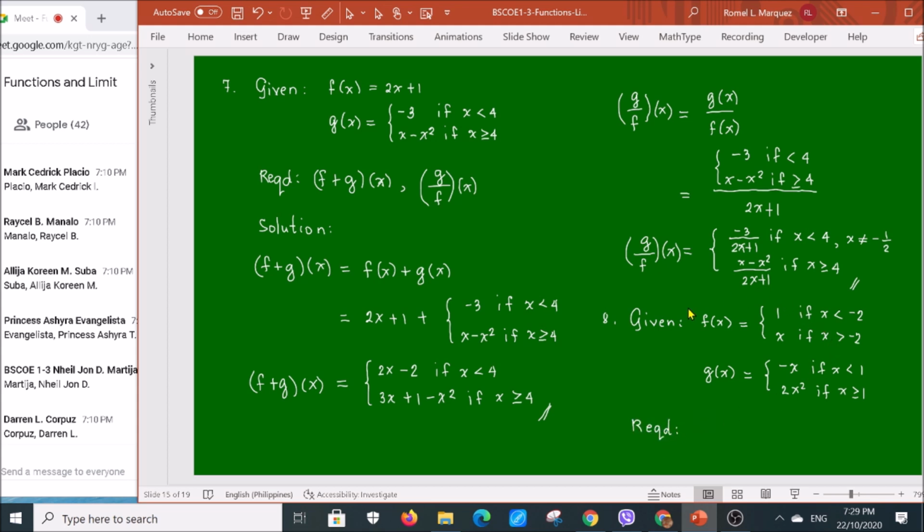Now, could you please take a screenshot of this so that we will know what the givens are when I move to the next slide? So when I ask you, you will be able to dictate to me. So let's say we want f minus g. What is f minus g of x?